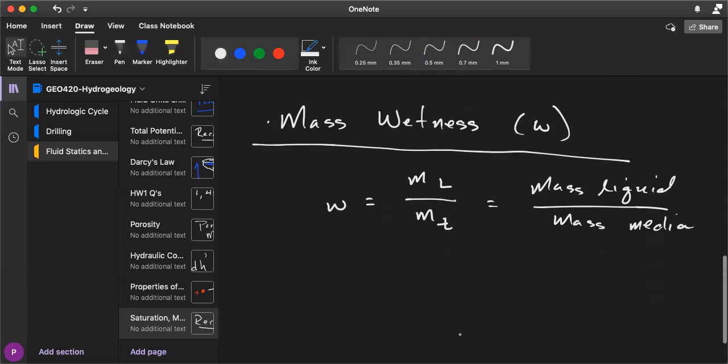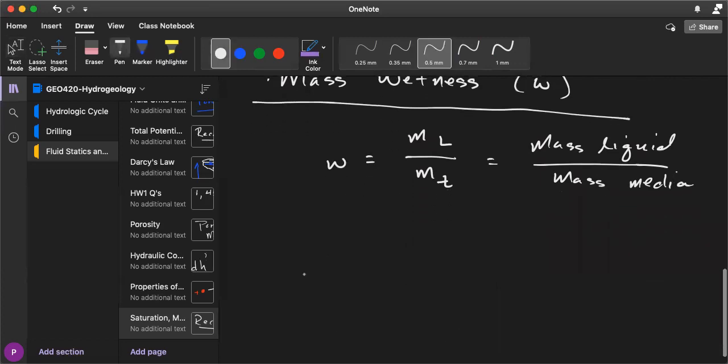We'll just say it's when it's dry. So this is just a ratio of the liquid water mass to the mass of the dry sediment.